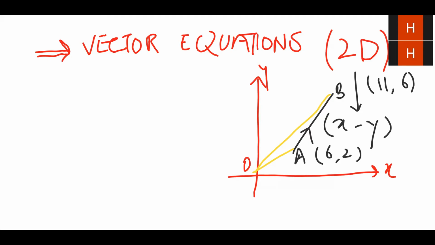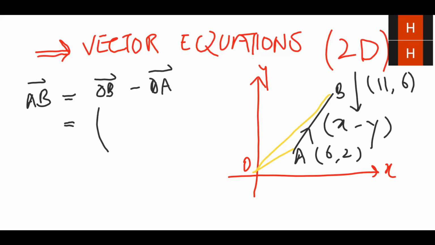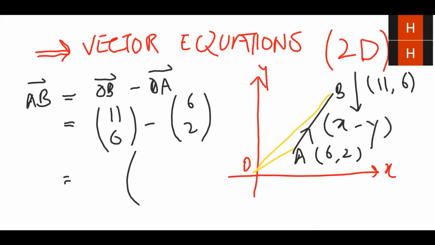I just told you that to find the direction vector AB, we have to find OB minus OA. Now, how we represent vectors is like this. Your OB vector will be written as 11, 6, minus your OA vector, written as 6, 2, which by simple subtraction gives 11 minus 6 is 5, and 6 minus 2 is 4.